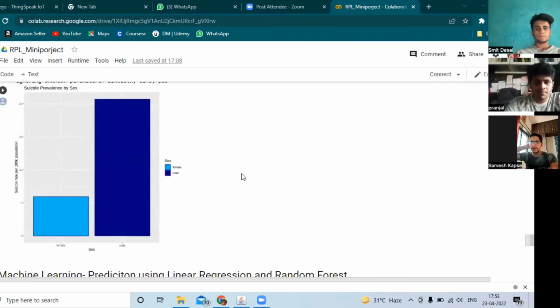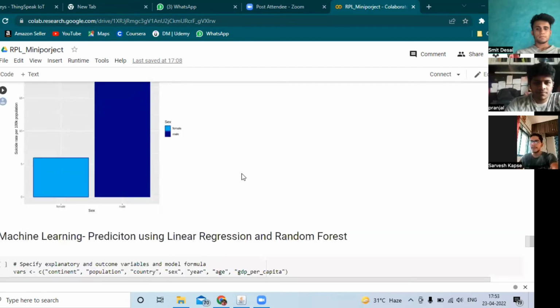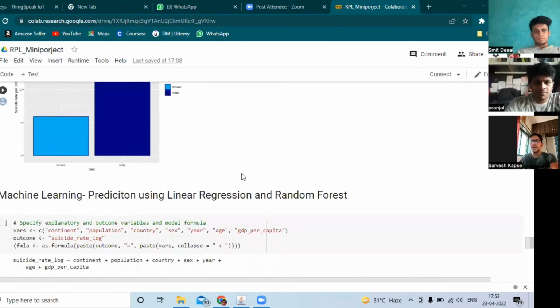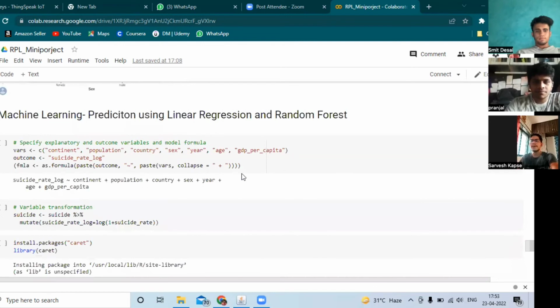So from the exploratory data analysis performed, the main observations that we concluded are that Lithuania was found to have an extreme value for suicide rates per 100K population, and the year 2016 included the least number of observations, while the target variable suicide rate is severely positively skewed.